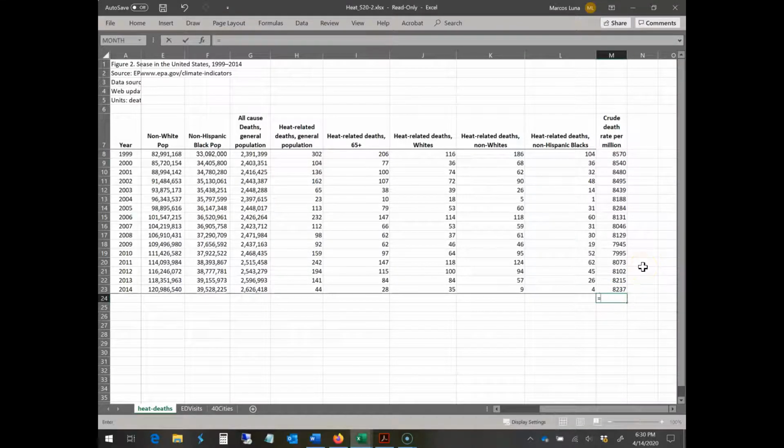I could type equals average and then take all those values and compute that. And if I do it that way, I get that number. So the average crude death rate over that time period was 8,242 per million. Now, the problem with that number is that it doesn't take into account the different sizes of the population.